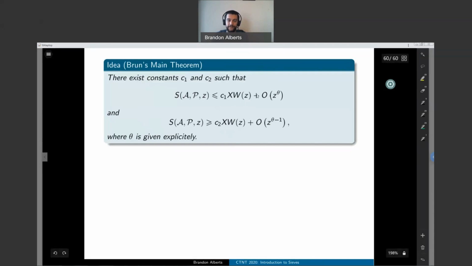We don't have that middle piece, which, remember, in Brun's pure sieve was just the main term divided by some powers of log z. Now our error term is just z to some power theta. And Brun gives theta explicitly and is able to find theta pretty small.